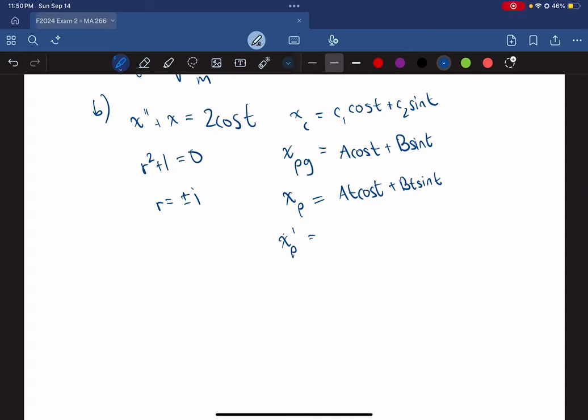So we have our first derivative of x particular is going to be just product rule over and over again. So a cosine of t minus at sine of t plus b sine of t plus bt cosine of t, and x double prime is going to be even larger than that.